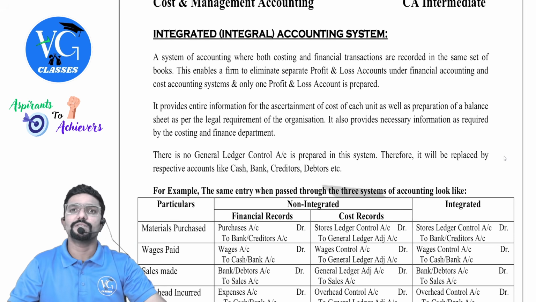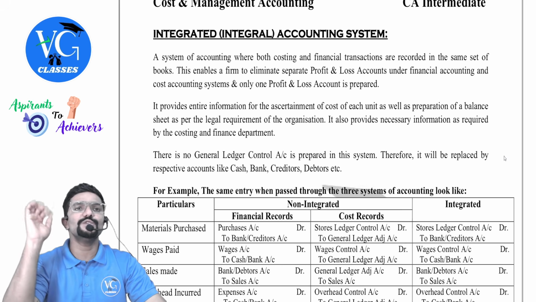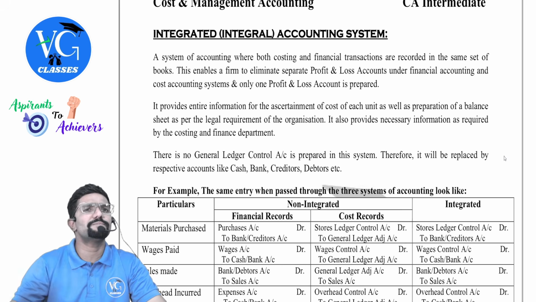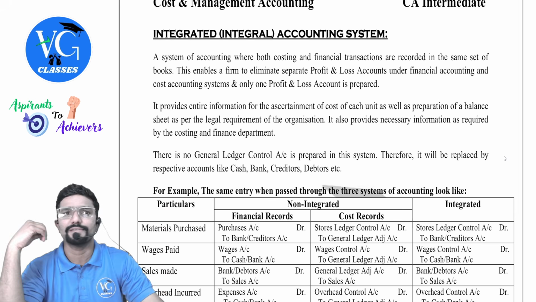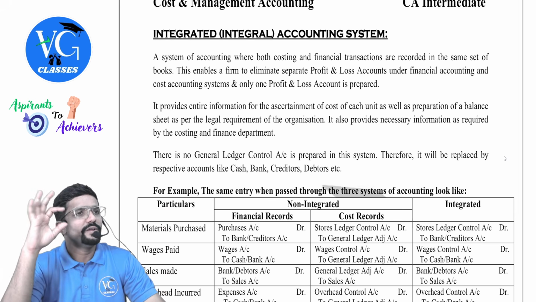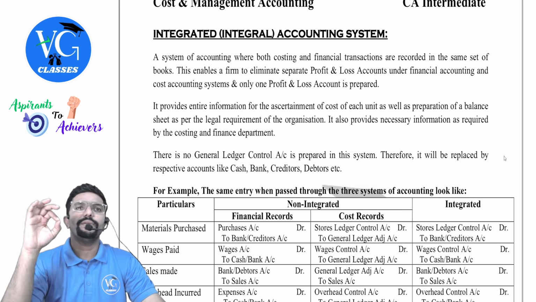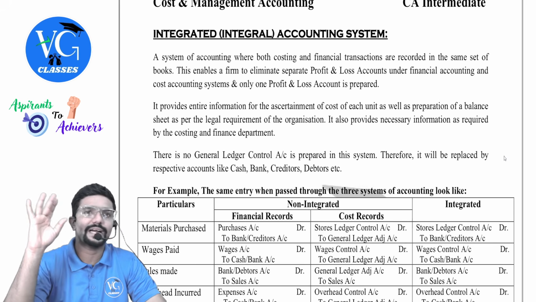That means here there is no general ledger, sir? No. Under integrated, there is no general ledger adjustment account. In place of it, the respective accounts like debtors, creditors, cash, bank will come. So in simple terms, wherever we were supposed to use the general ledger, now don't use it. In place of it, bring the respective accounts like cash, bank, debtors, creditors.